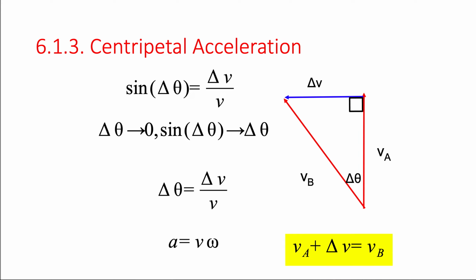What we've done here is construct a triangle, take the limit that delta theta approaches 0, use a mathematical identity, and then substitute in and rearrange, and we're left with a equals v times omega. As I say, there are multiple ways of doing this. If you look in the Oxford textbook, you will find a slightly different approach.